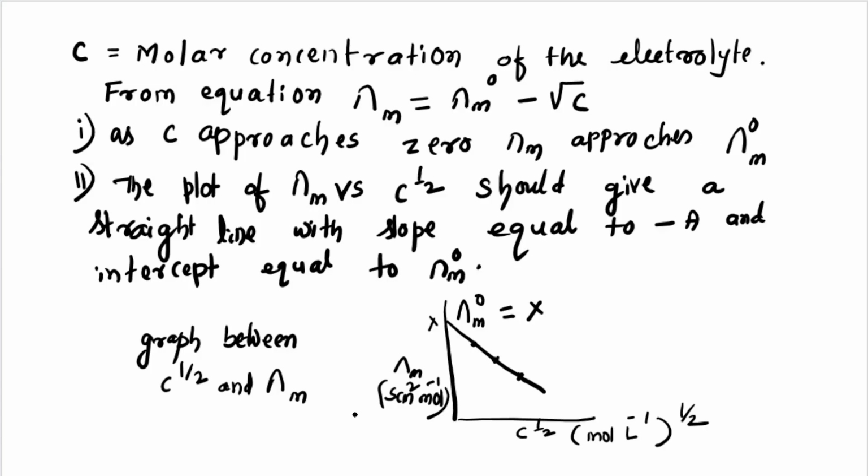First of all, you will see the graph having intercept lambda m0, and here the slope equals minus A. I hope it is clear to you.